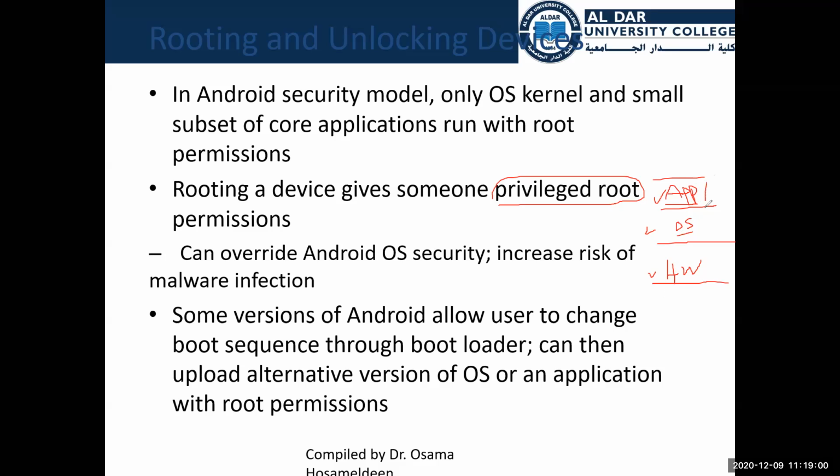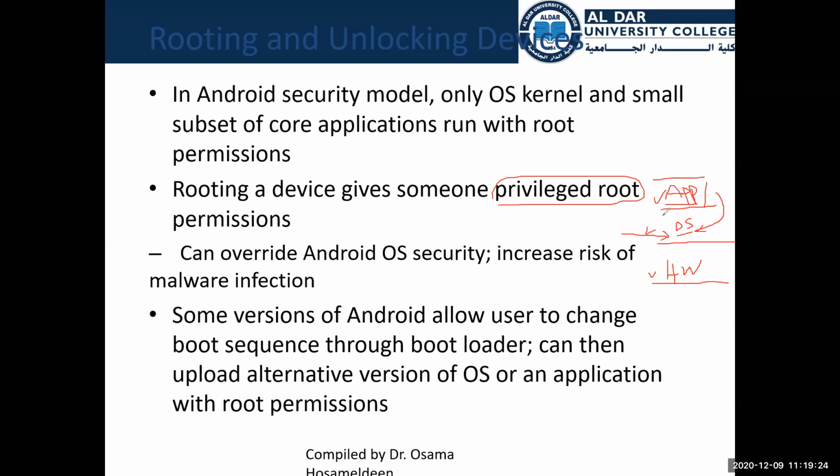Actually, if the app is a malicious application, it can have the privileges of the operating system without permission. If the application can have control of the operating system, it can control the entire device. This control is called the privileged root permissions.